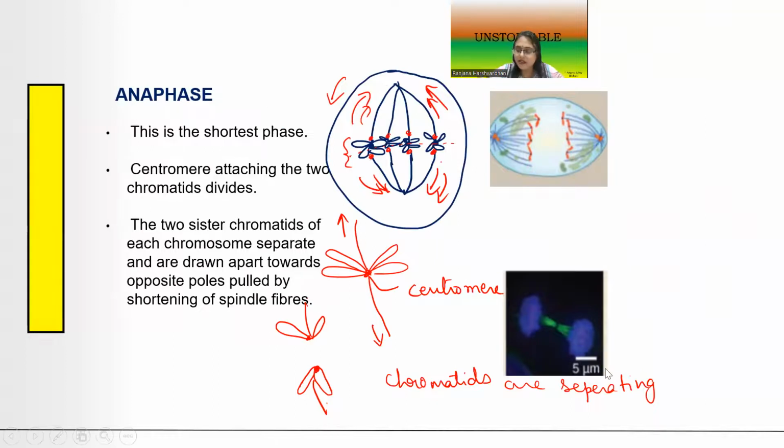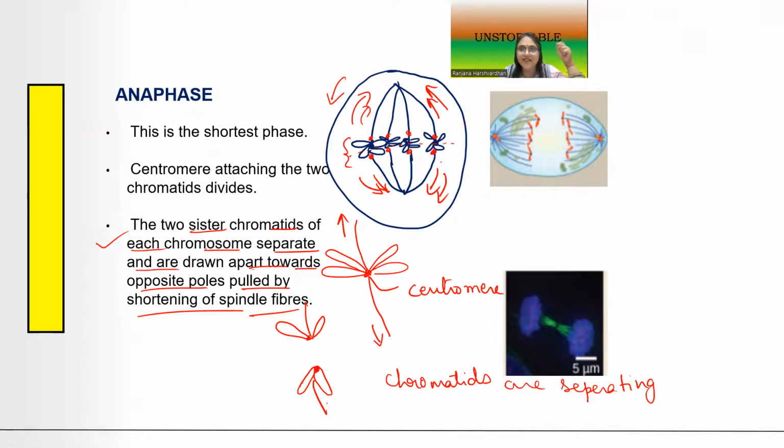The two sister, read the third point, children. The two sister chromatids of each chromosome separate and are drawn apart towards the opposite poles, pulled by the shortening of the spindle fiber. So the major event of anaphase is what? Number one, shortest phase. The chromatids split at the centromere.